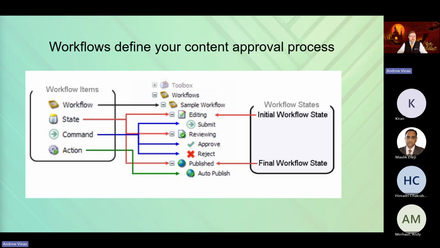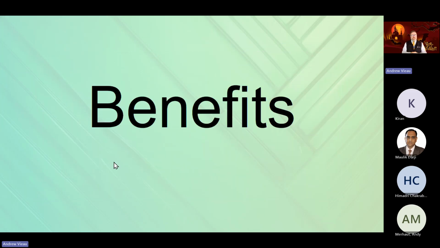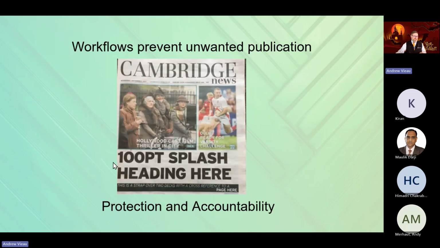In Sitecore, these workflows, states, commands, and actions are all defined as items under the settings node in the content tree. That is where you would find all of your workflows in the content editor, whether you're on XP or XM Cloud. So now that we know what workflows are, let's talk about the benefits.